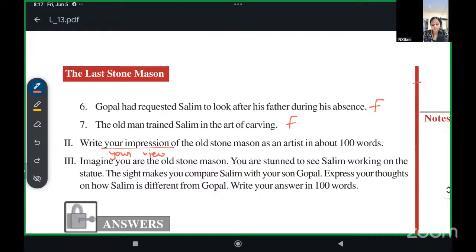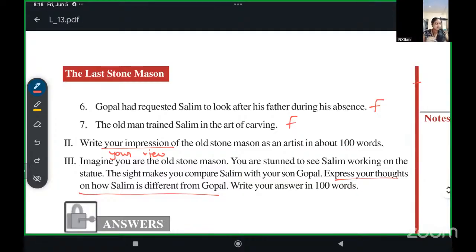Yes, that's right. Now, third question, also an important question. The second and third questions are important. Imagine you are the old stonemason. You are stunned to see Salim working on the statue. The sight makes you compare Salim with your son Gopal. Express your thoughts on how Salim is different from Gopal.